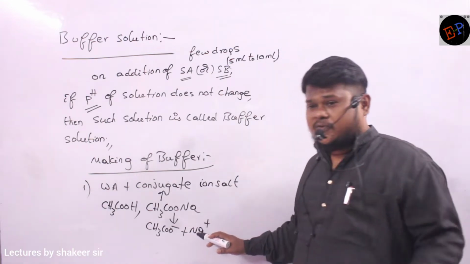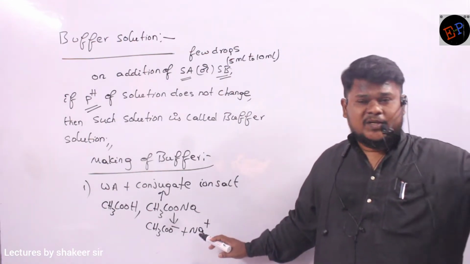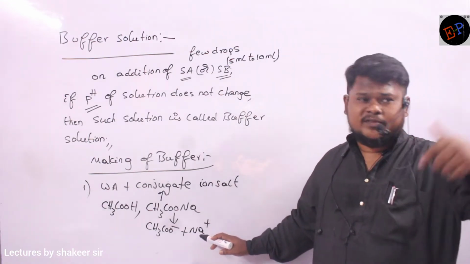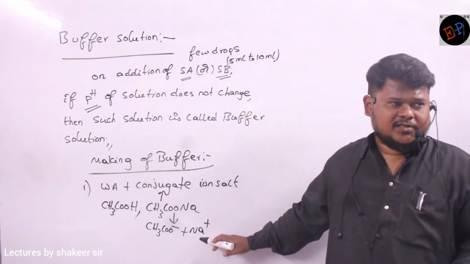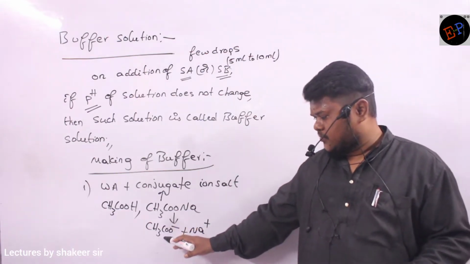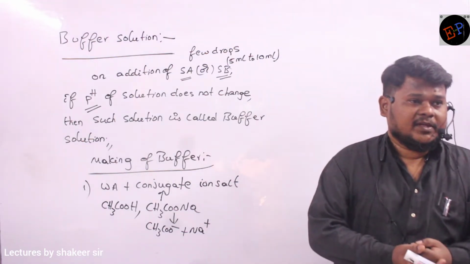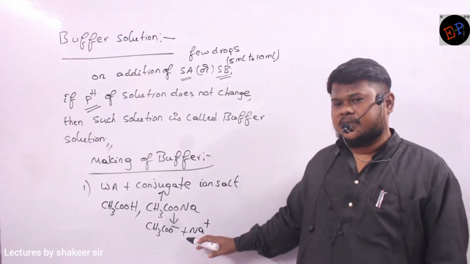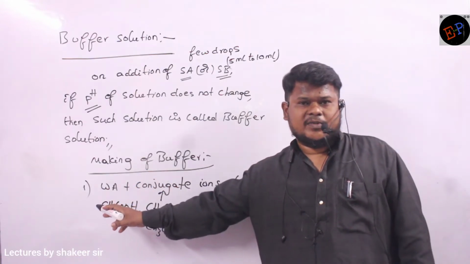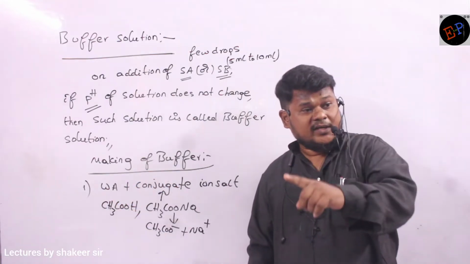Because Na plus is formed of what? Na plus is the component of NaOH, which is a strong base. So CH3COO minus and Na plus, when they combine together, a salt will be formed. And what kind of salt is it? It is the salt made up of the conjugate ion of a weak acid.